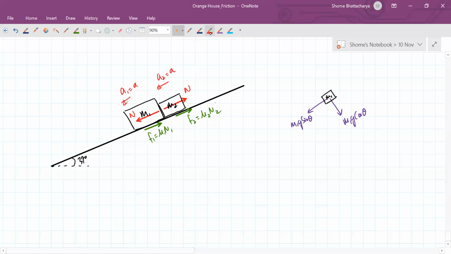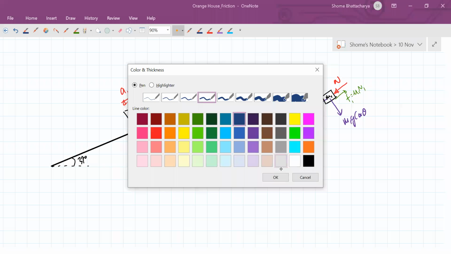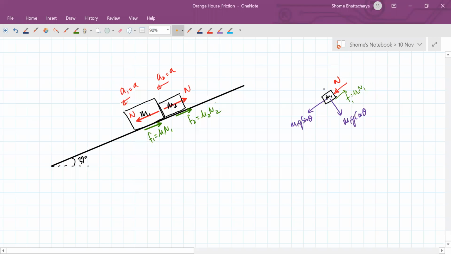Then it is getting pushed down with some normal reaction N. Then there is some friction acting on it, which is mu1 N1, because the normal reaction of this block from this surface is N1 like this.